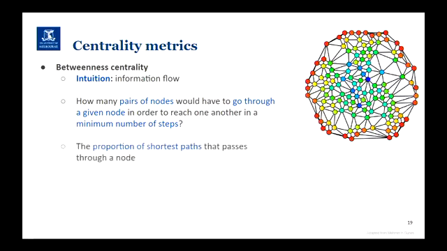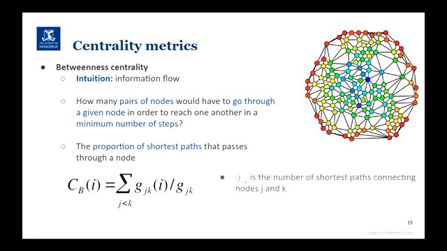Okay? So basically, betweenness centrality is the proportion of shortest paths that pass through a given node. And that's a metric for a given node. And basically, it would be the number of shortest paths connecting any two nodes. Out of those, how many actually go through node i? Okay? And how would I then define shortest paths in a graph?